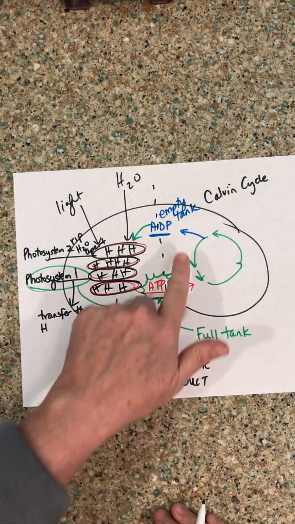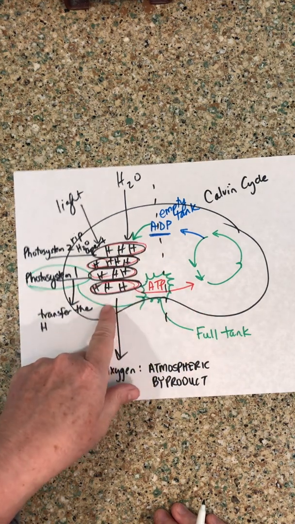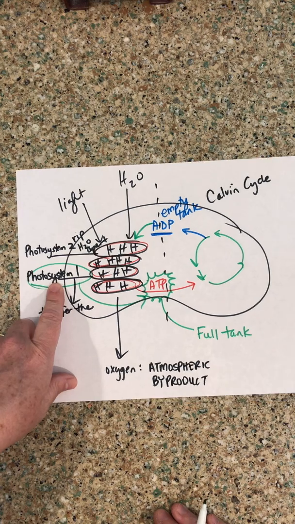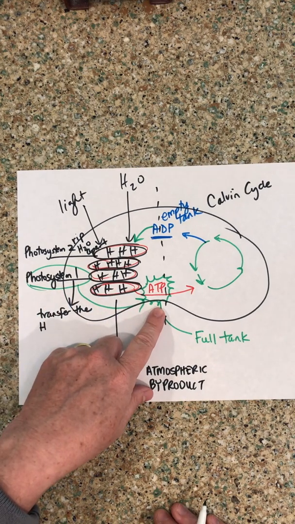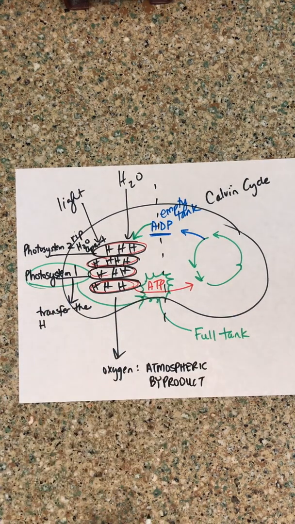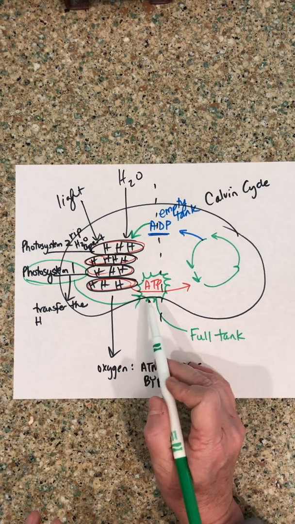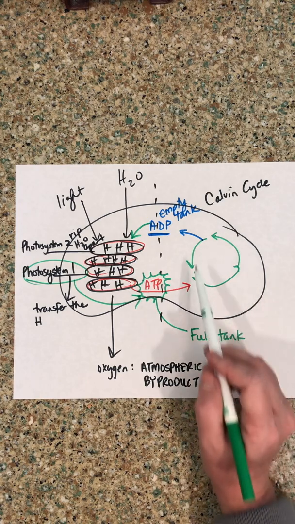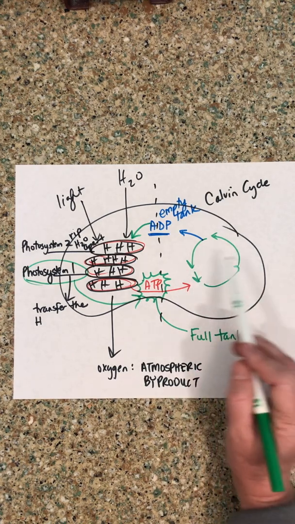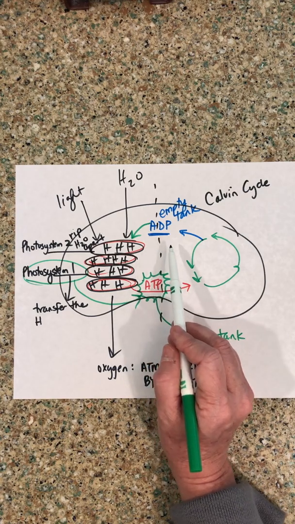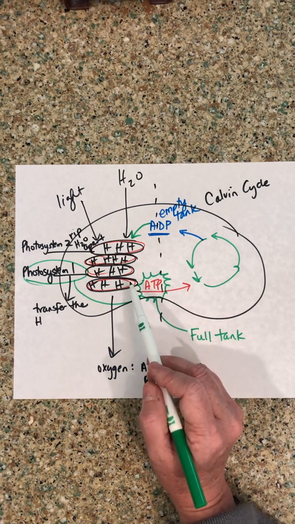So ADP is the molecule that returns back to the light reaction to get re-energized by photosystem 1 and turn back into ATP. And then it can go back over here to the dark side and fuel the reaction. So full tank of gas, full of energy, does its job, drives round and round and round, runs this cycle, and then when it gets really low, it becomes ADP, and it goes back to get energized.